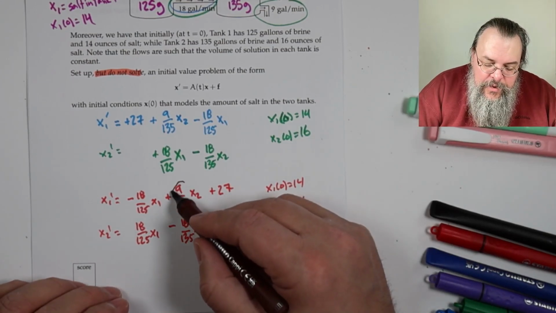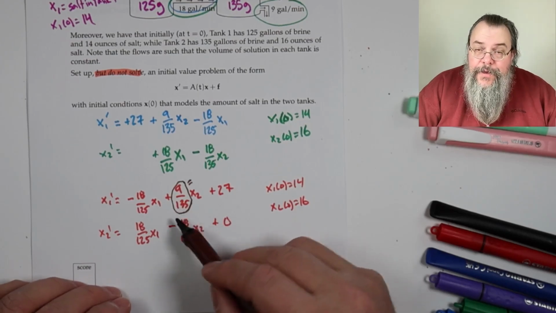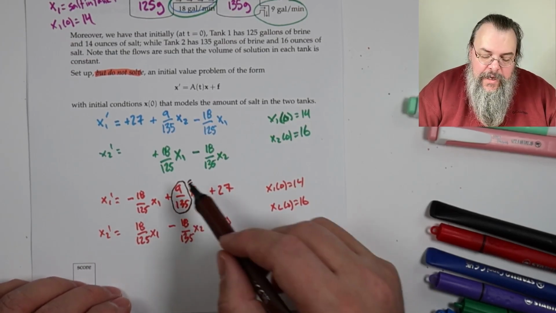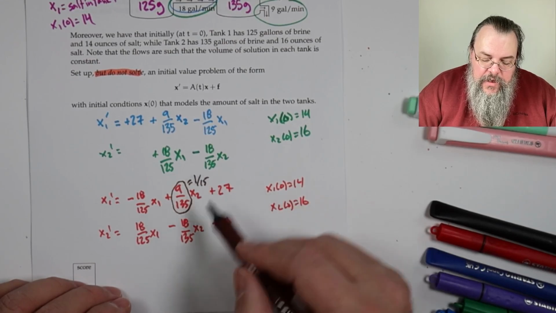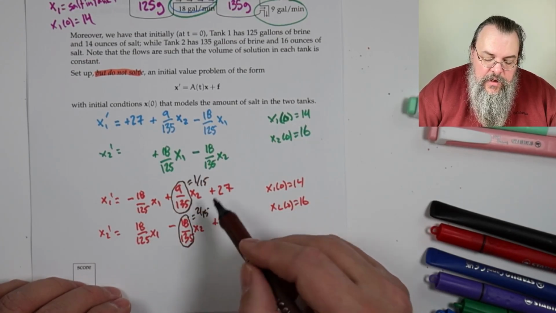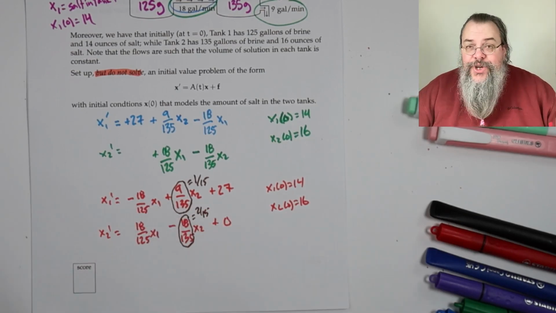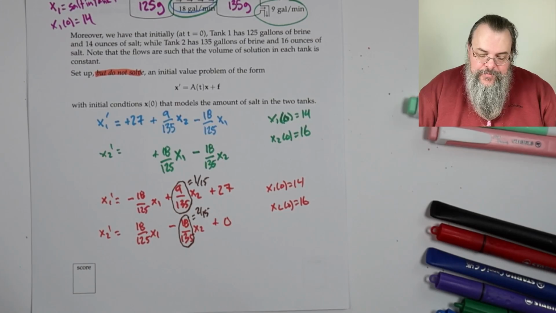So we'll make a quick little comment. 135 is divisible by 9, and as I said, it's 1 over 15. And this term here is 2 over 15. 18 and 125 share no common factors. 125 is 5 times 5 times 5.